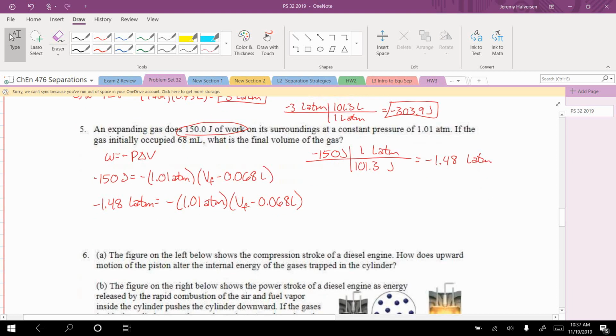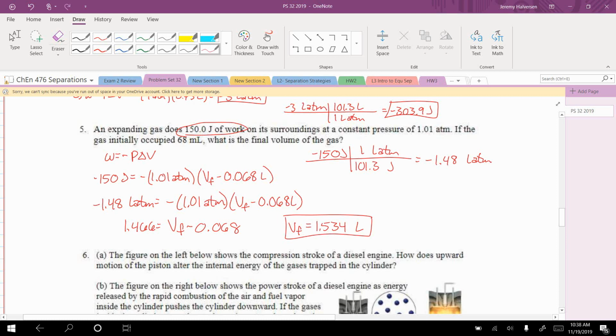I'm going to divide by the negative 1.01, and that gives me 1.466 equals the final minus 0.068, and I get the final equals 1.534 liters. Is that right? Yes, it is.